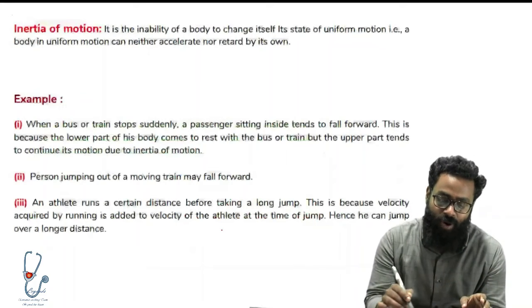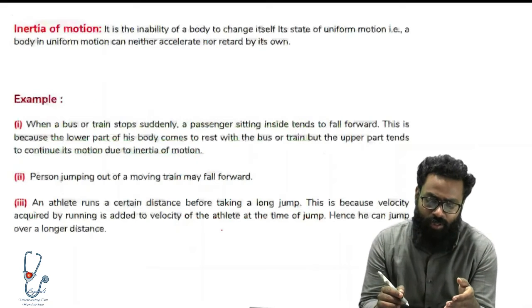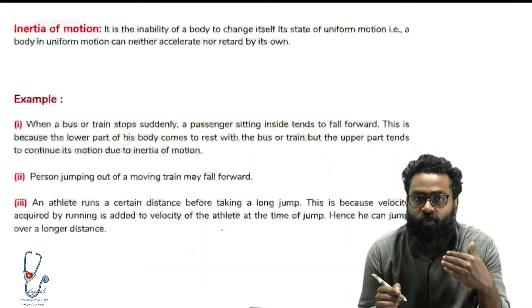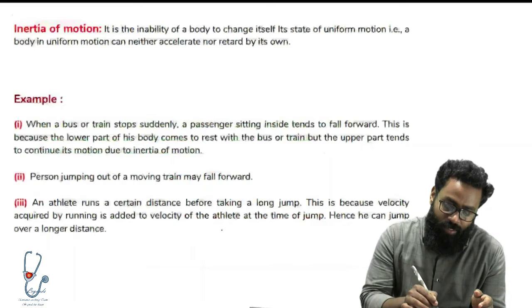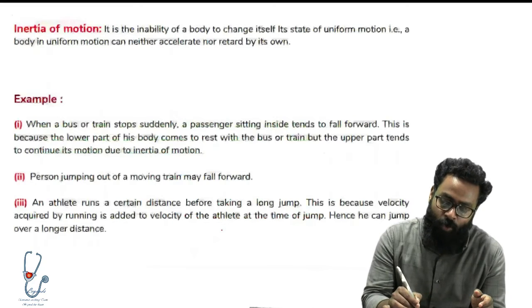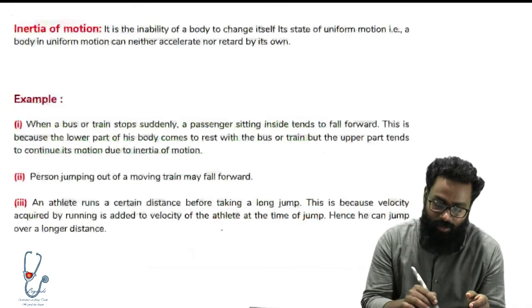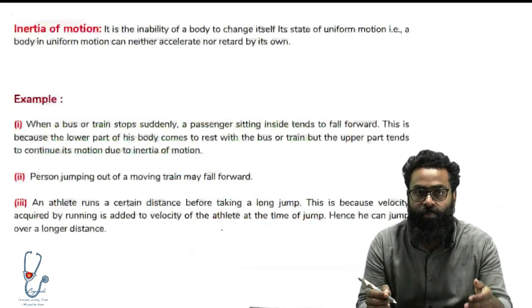Then three examples are given below. When a bus or train stops suddenly, the passenger sitting inside tends to fall forward. Clear? The next one is a person jumping out of a moving train falls forward. Next, an athlete runs a certain distance before taking a long jump.